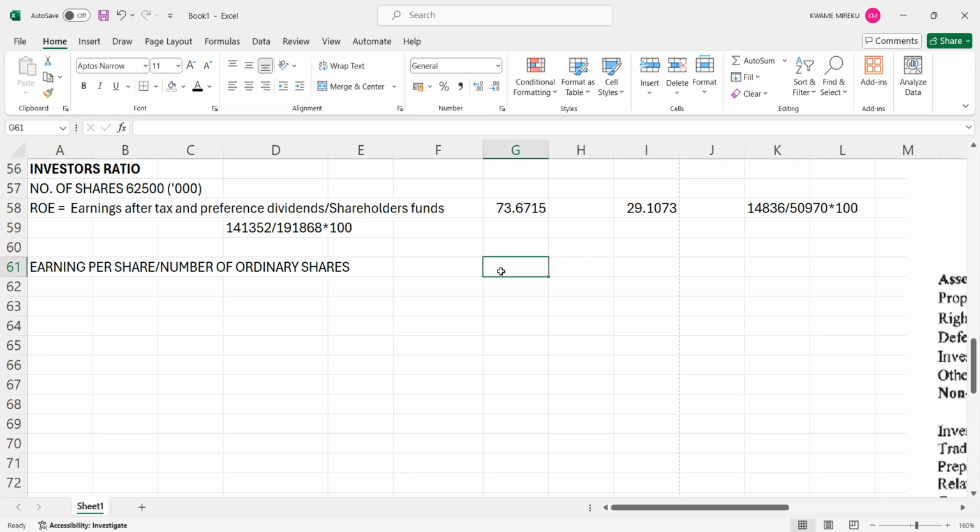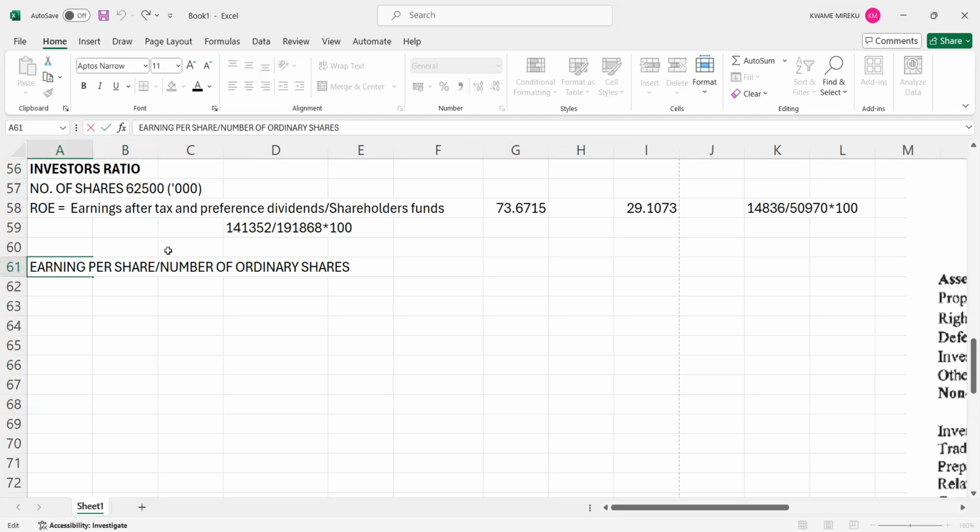So if you are giving out all your earnings, earnings per share equals the profits, the same as the earnings after tax and preference dividends, over the number of ordinary shares. Let me just copy this here.